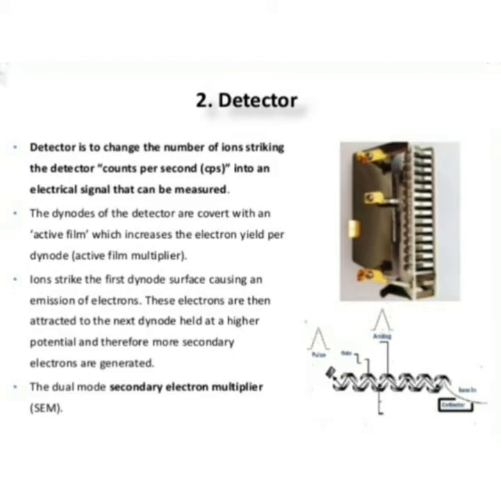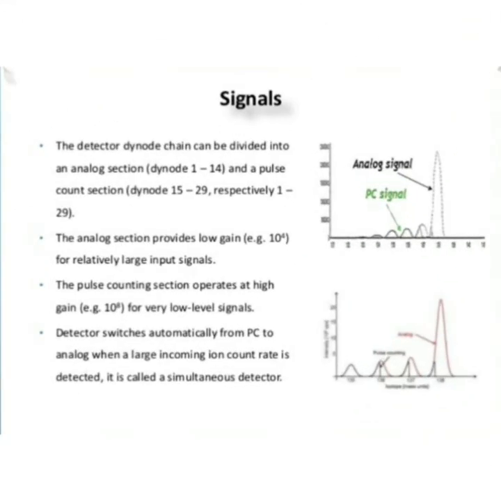When an ion strikes the first diode surface, it causes an emission of electrons. These electrons are then attracted to the next diode held at a higher potential and therefore more secondary electrons are generated. This is the dual mode secondary electron multiplier.